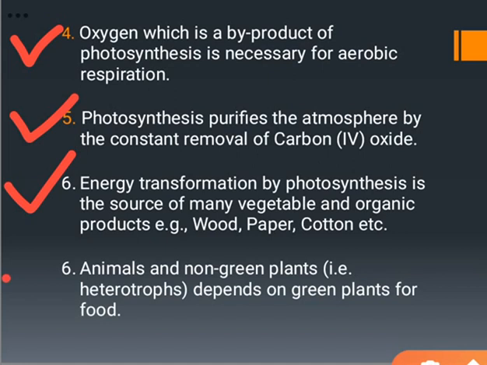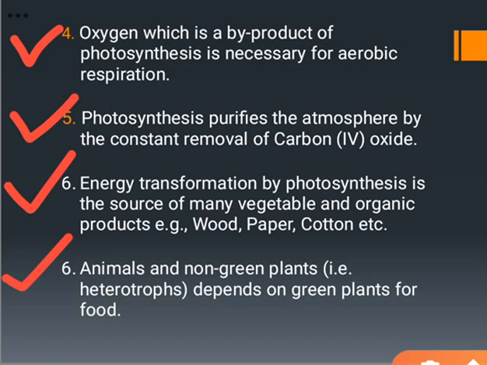Number 7. Animals and non-green plants, that is heterotrophs, animals which are not photosynthetic, and non-green plants which are also not photosynthetic, depend on green plants for food, so they cannot survive if photosynthesis does not make plants do well. So photosynthesis helps plants to survive, and the survival of plants provides food for animals and non-green plants.